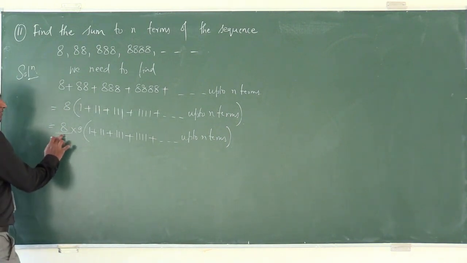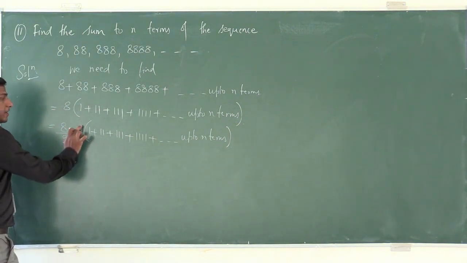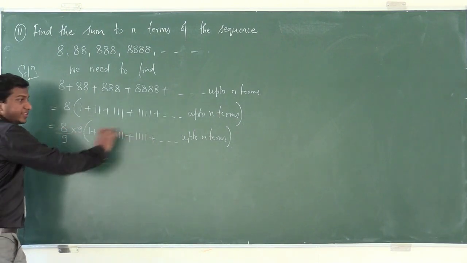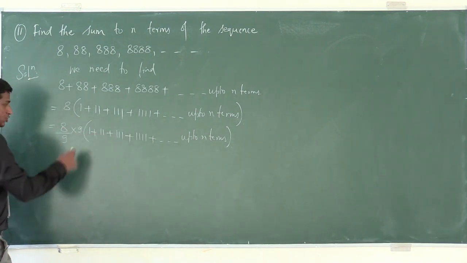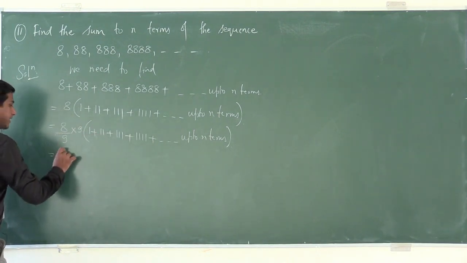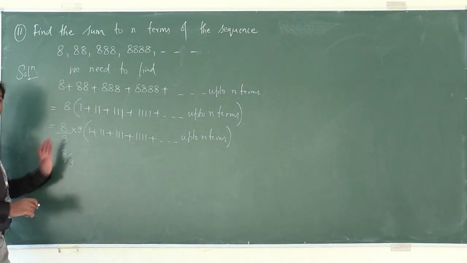Then I keep this 9 in the denominator as it is and multiply the other 9 with this particular series. So we get 8 by 9 outside.